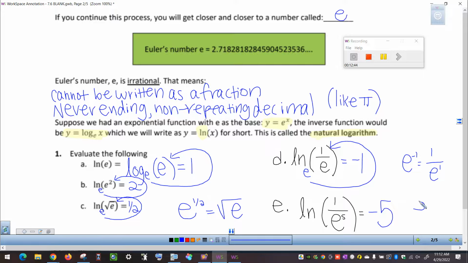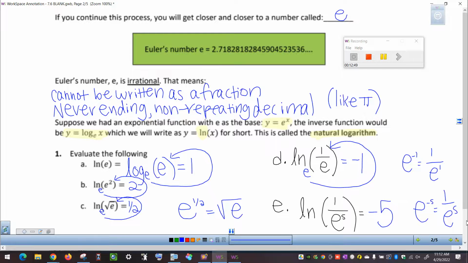So e to the -5, we write that off to the side, is really the same thing as 1 over e to the positive 5. So that's a helpful thing to know and remember what you do if your exponent's negative. All right, so that's a little bit of evaluating natural logs, so thinking about log base e.